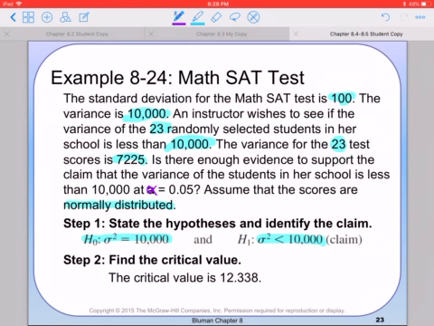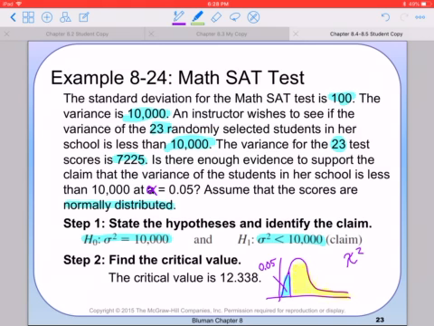And to find the critical value, remember you're drawing your chi-squared. We see that it's a left tail here. And so here's our critical region. And we have our alpha is 0.05. However, it's the chi-square, so we need the area on the right. So let's highlight that in yellow.